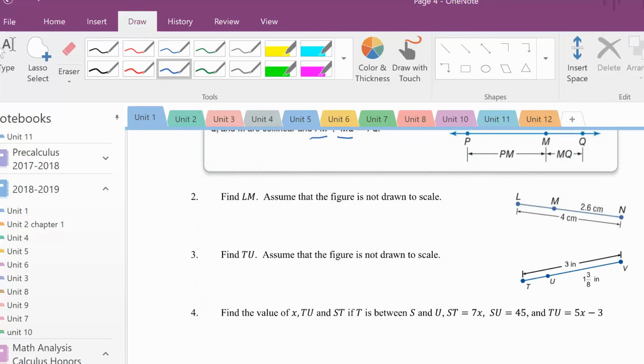So find LM. Well, notice M is between L and N on the diagram, so we know that LM equals, we can take 4, which is the whole thing, and subtract 2.6, so that gives you 1.4 centimeters.